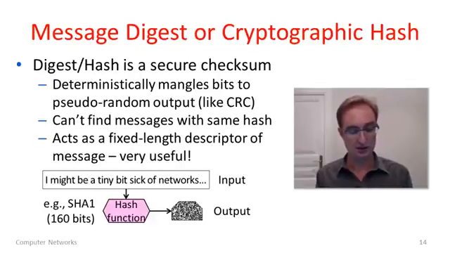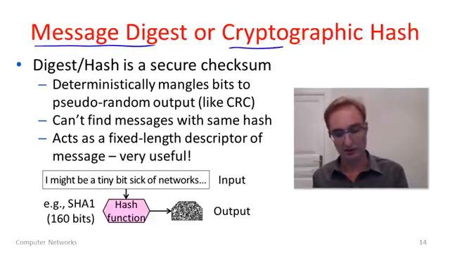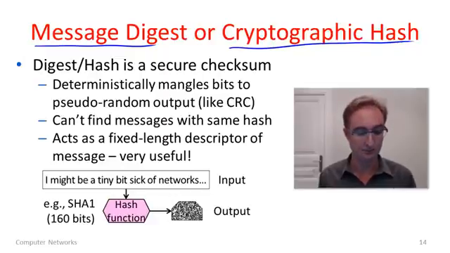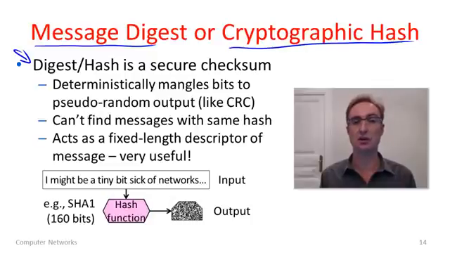You might hear the term message digest or a cryptographic hash. These are incredibly cool things, so you want to find out about them. They're used to speed up signatures, but they're also used all over the place for security schemes. Now, what a digest or a hash is, just think of it as like a checksum, like a CRC or an internet checksum, only it's longer and it's secure in some way.